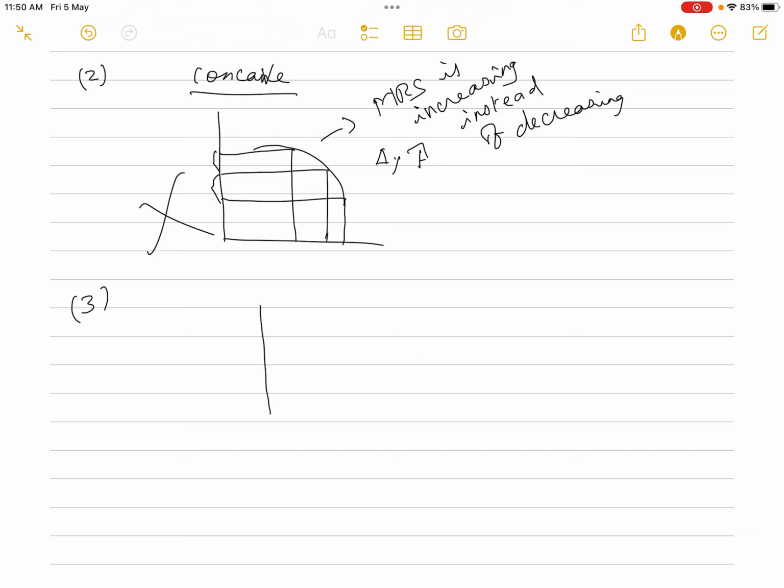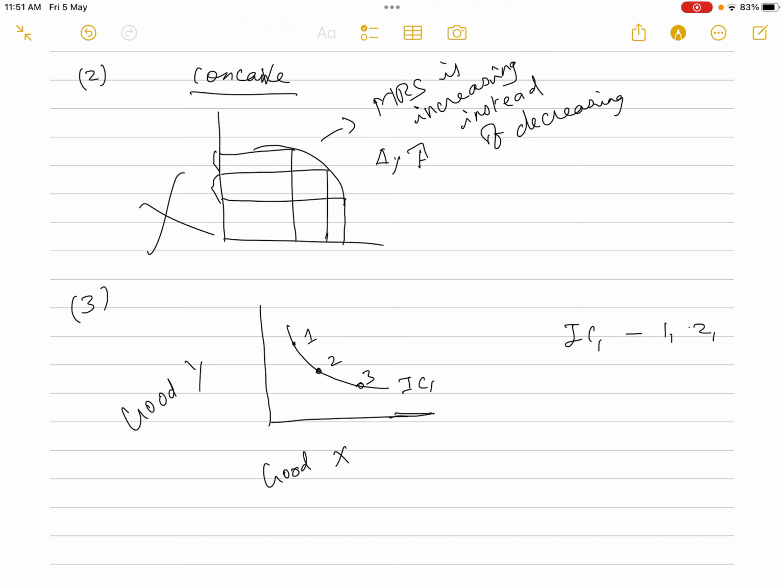Now we all know the meaning of indifference curve, isn't it? Now this is indifference curve IC1. So we all know that this is commodity Y here, commodity X on the X-axis. All the points on the indifference curve IC1, 1, 2, 3, are going to give the same level of satisfaction.